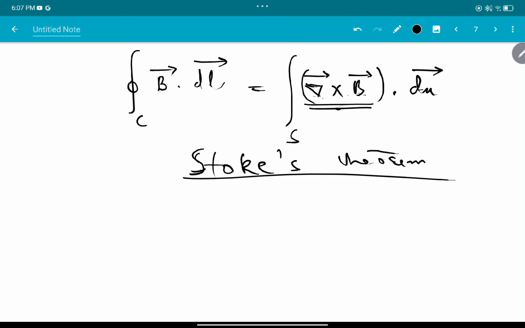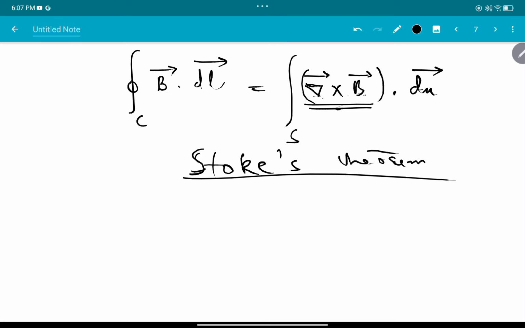And see, although we have conceptually derived it for the case of a magnetic field, it holds for all vector fields.